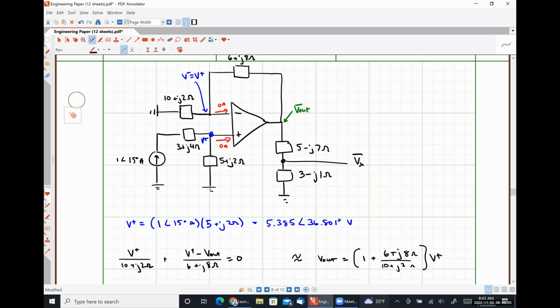Answer, hold on. Answer, store A, and then A times 1 plus 6 plus 8 I over 10 plus 2 I, store B. Give it to me in polar.